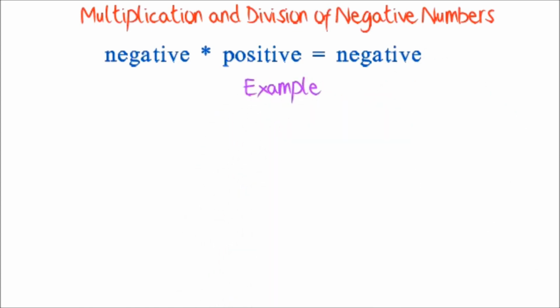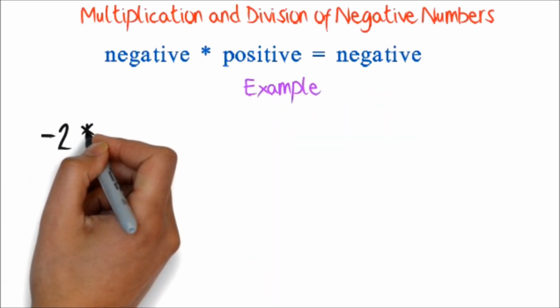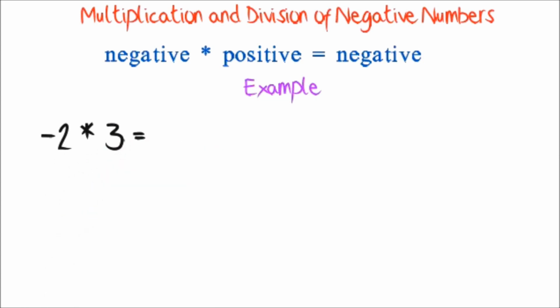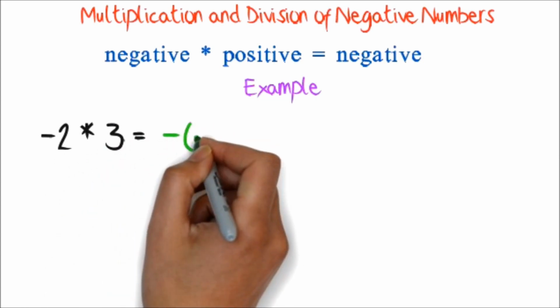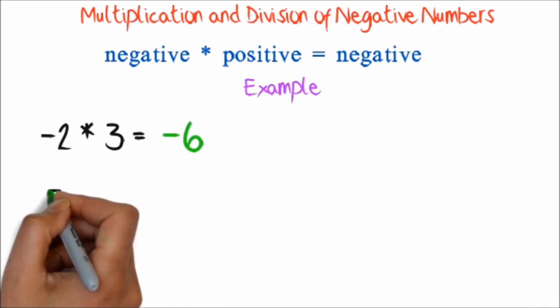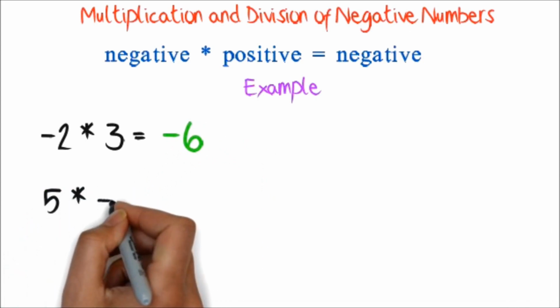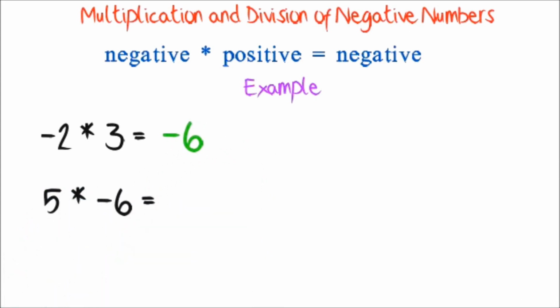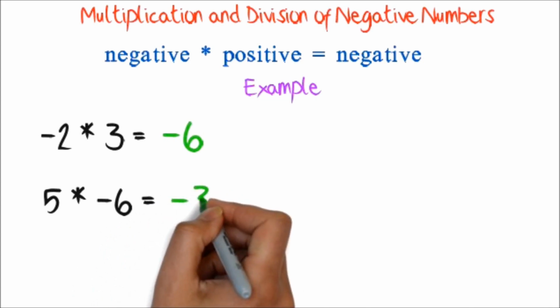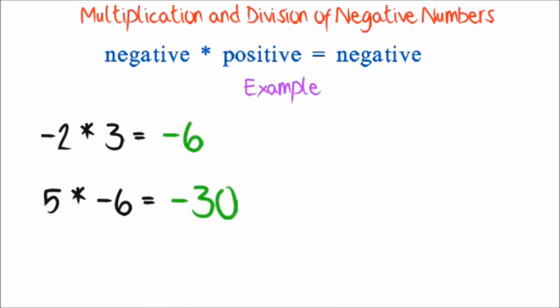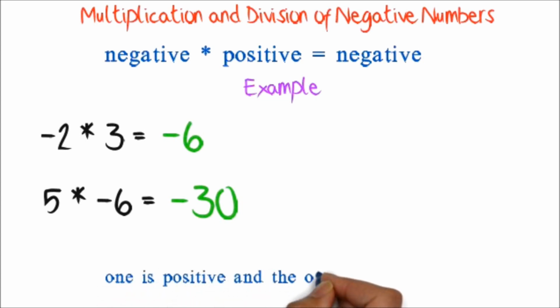Example: -2 times 3 equals -6. 5 times -6 equals -30. Notice, in both cases, one is positive and the other is negative.